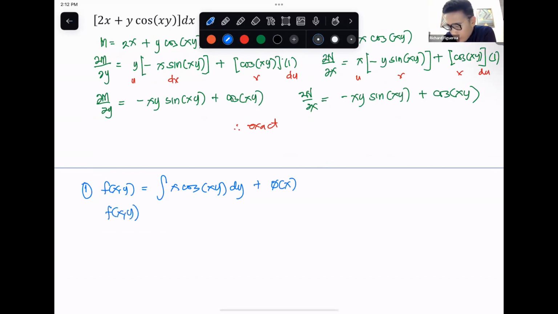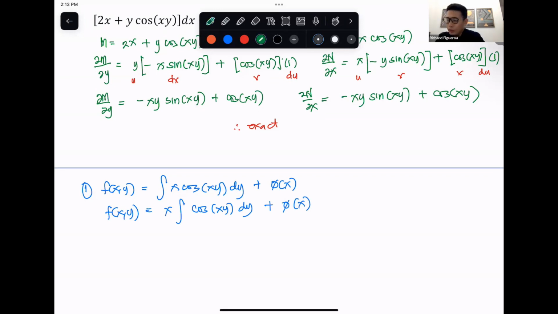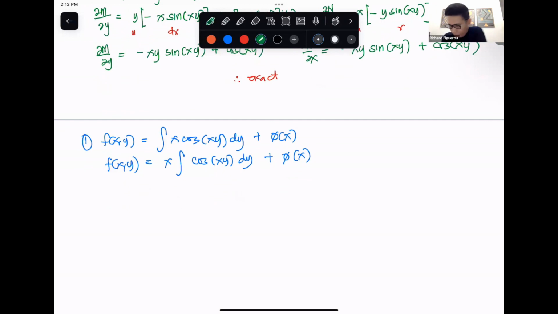So f of xy, we move out constant, so constant ang x. Ang problema, hindi na natin pwedeng i-move out yung xy kasi kasama siya sa loob. No? So, plus p of x. But then remember, ang u natin yan dito, yung variable natin yan dito is ano, di ba? It's y. So magiging u natin dito niyan is xy.